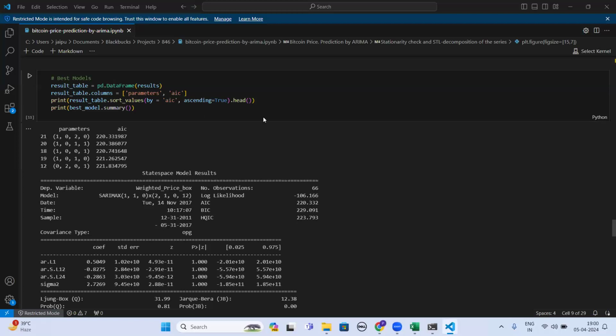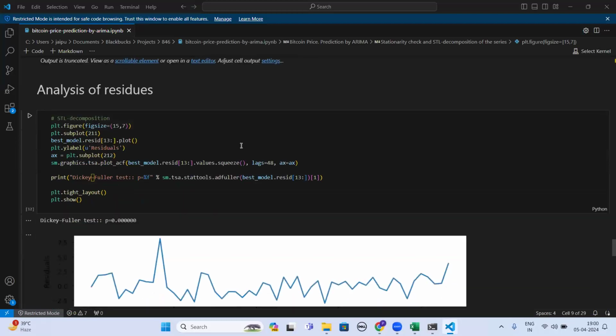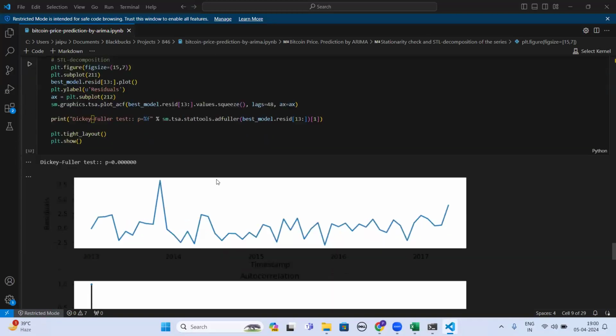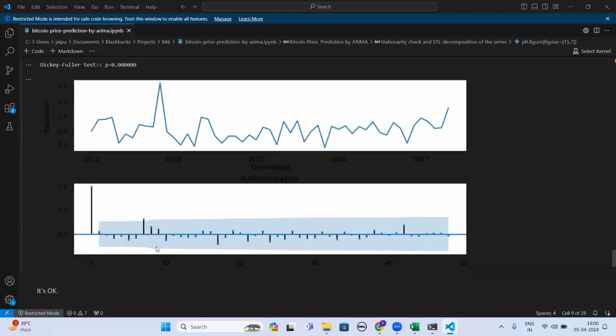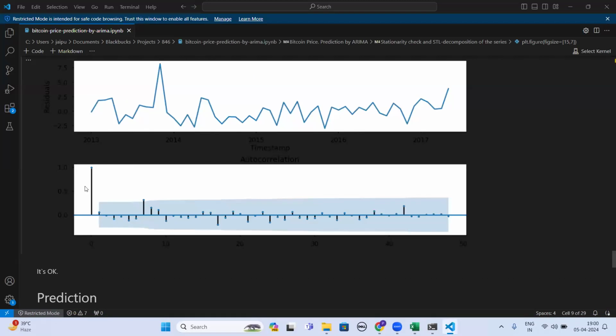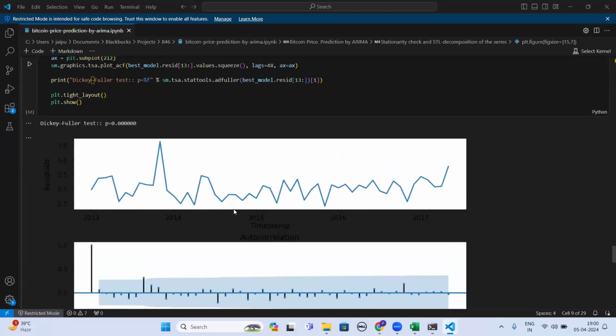Now, after this is done, the next thing over here is the analysis of the residuals or the errors, and you can see that this is how the errors are distributed. So there is one error point over here, but other than that, the error points are well within the range.